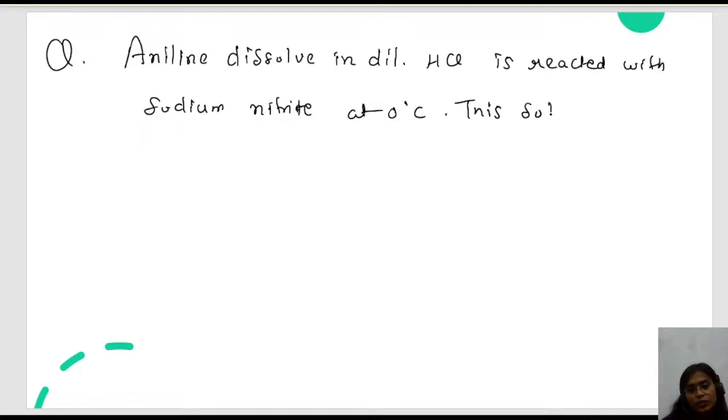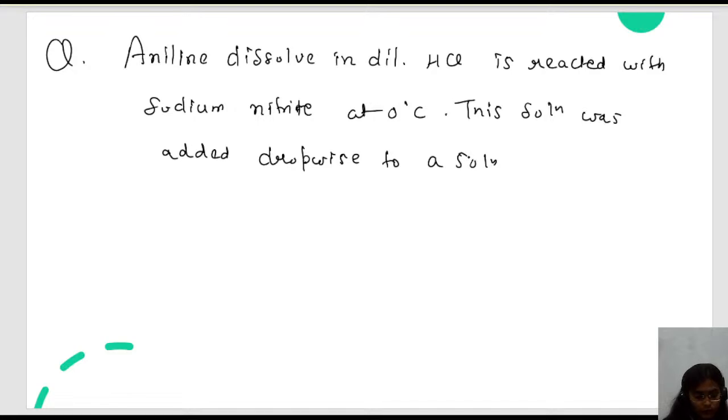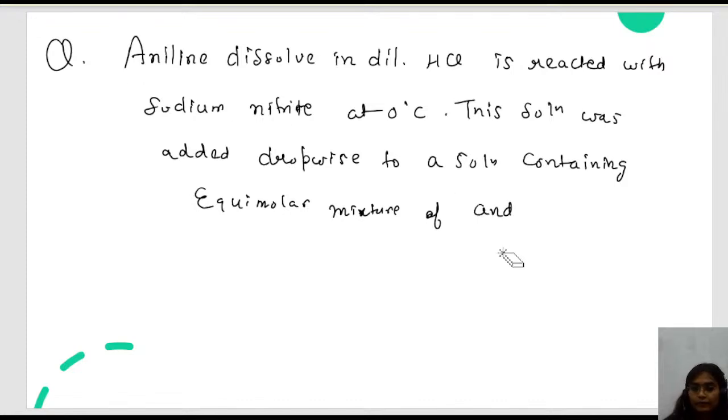This solution was added further dropwise to a solution containing an equimolar mixture of aniline and phenol in diluted HCl.